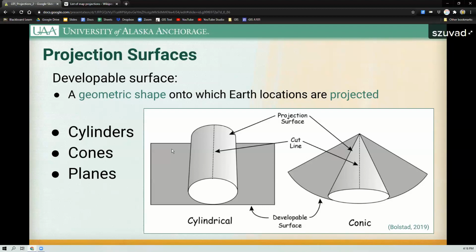The most common shapes are cylinders, cones, and planes. And we're going to start off talking about cylinders because historically that was some of the earliest methods used to project the Earth onto a piece of paper. So the developable surface is the geometric shape. Once you cut it apart and flatten it out, what does that look like?